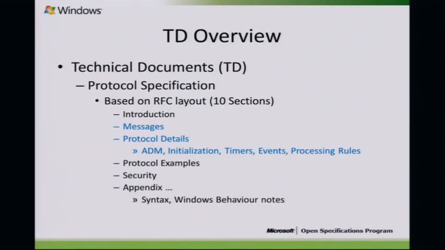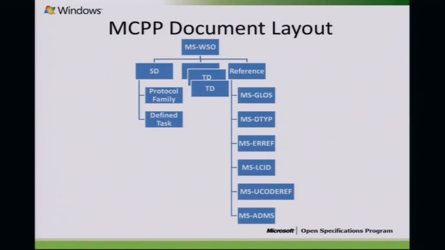And then you also get a bunch of Windows behavior notes. And if you're really lucky, the TD you're looking at won't involve .NET, so the Windows behavior notes will be quite small. But if you're looking at a .NET one, then if you can understand it, I admire you, because every time I look at anything .NET, it goes, oh my God, the interaction of 25 versions of .NET with X numbers of Windows versions is pretty hairy at the best of times.